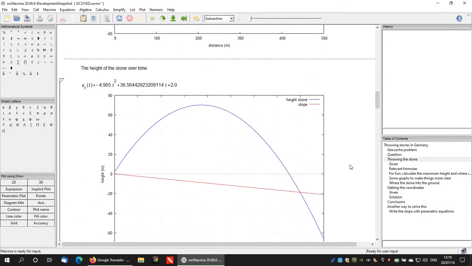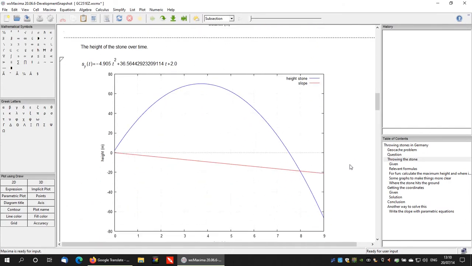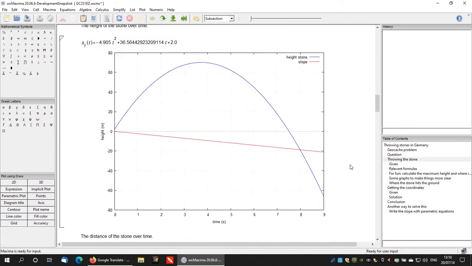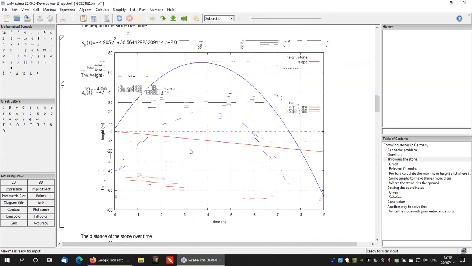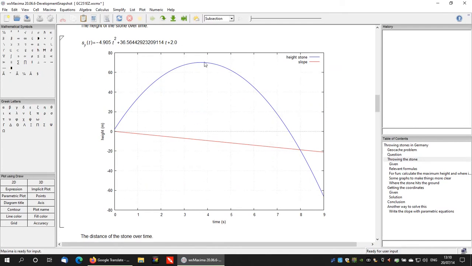If you plot the height of the stone over time, you get a similar graph, obviously, but it's not the same thing because here you have time, there you have distance. Then you can see that the highest point is reached about 3.7 seconds, like we calculated.